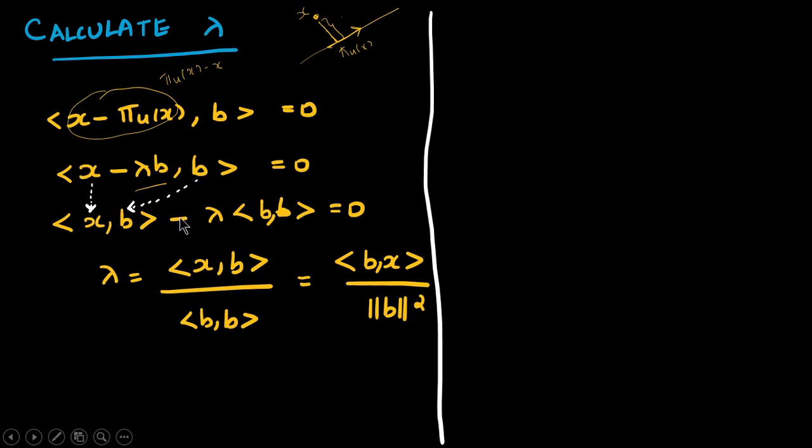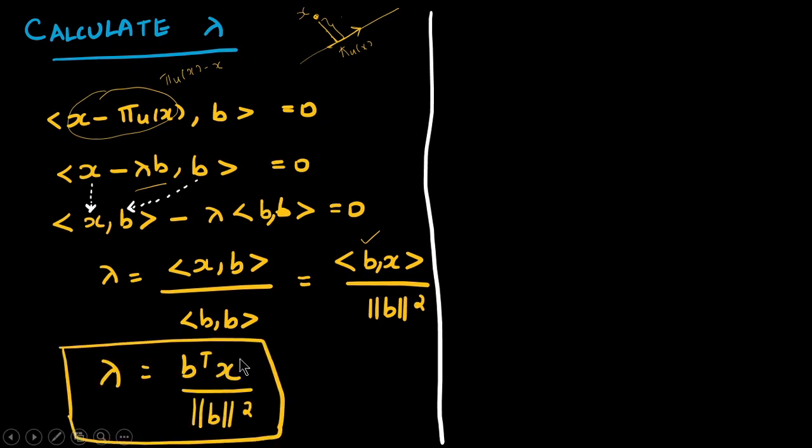And you bring it to the right hand side, lambda times b b, and finally we can reduce it to lambda equals the inner product of x and b divided by the inner product of b and b. So we can do it in the reverse order also, because they are symmetric, and the inner product of b with b is the norm of b, the whole square.